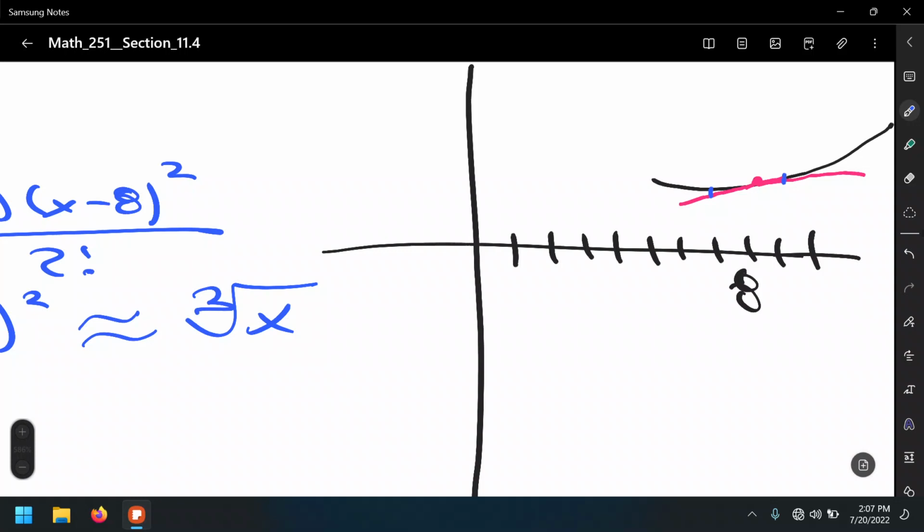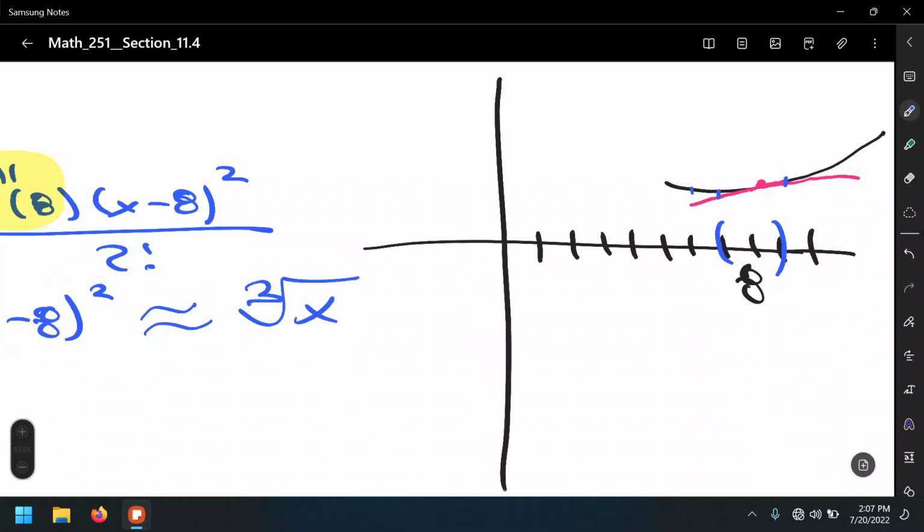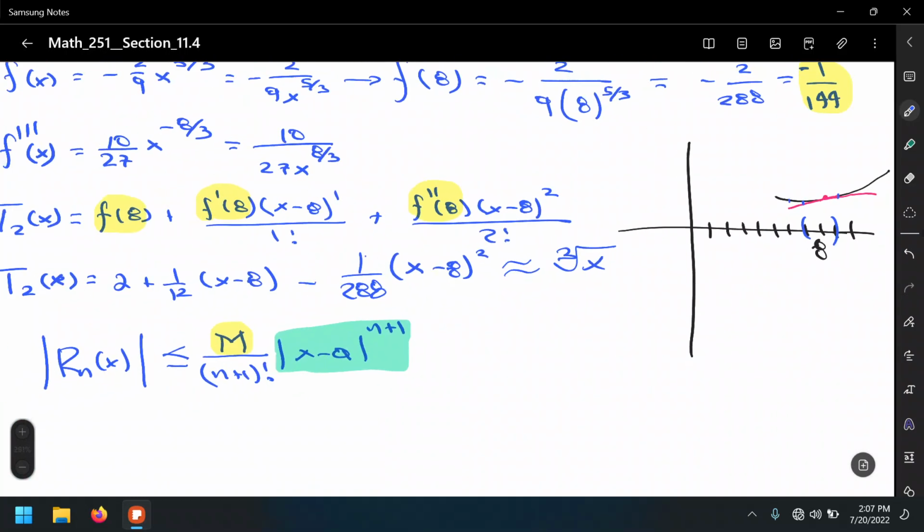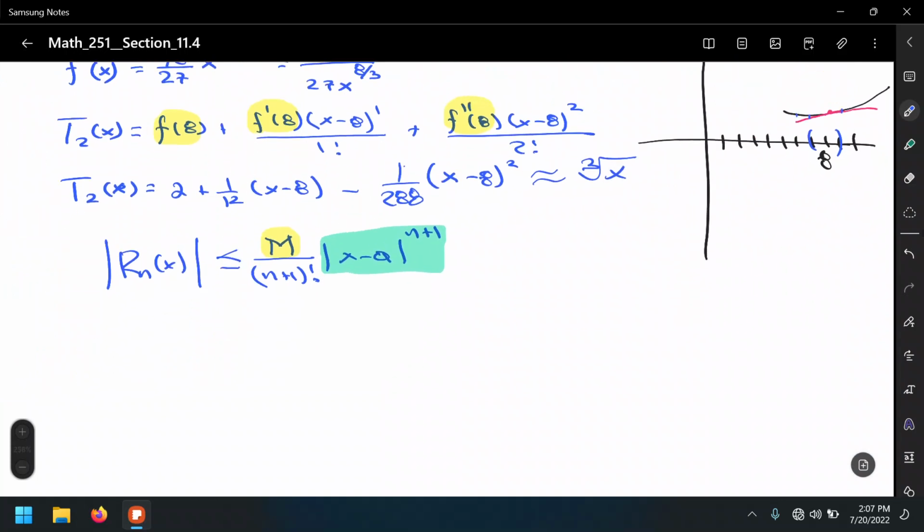But if instead of 7 to 9, we went from 6 to 10, do you see how the gap starts getting bigger? That's going to be a different maximum value. But in this case, we're interested in the one between 7 and 9. Of course, we're going to analyze this picture again once we're done with this.